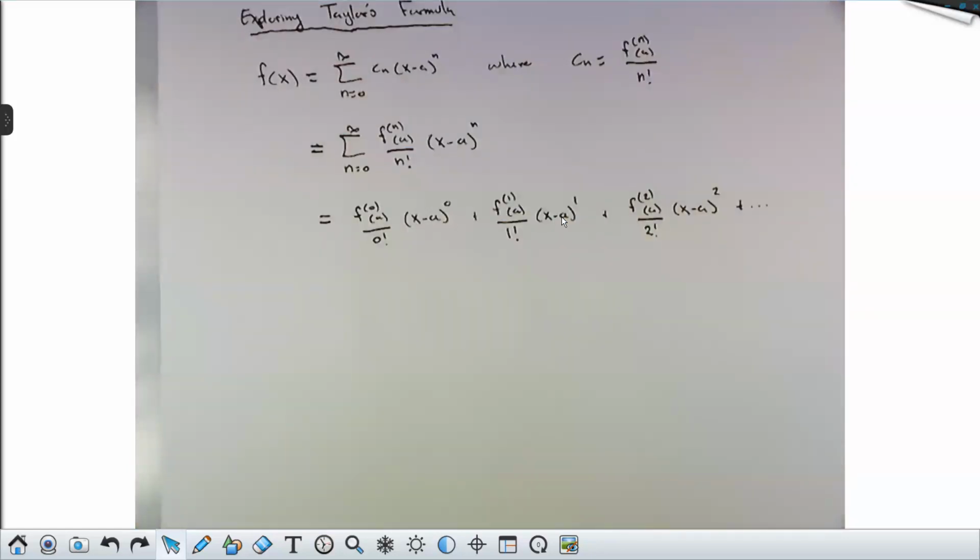The next one is f^(3) of a over 3 factorial times (x minus a) cubed. I want to focus on these first two terms. I'll clean up all three of these, but I want to take just a second to ask about these.